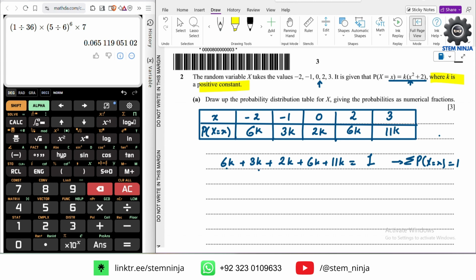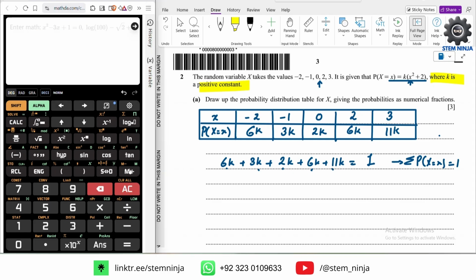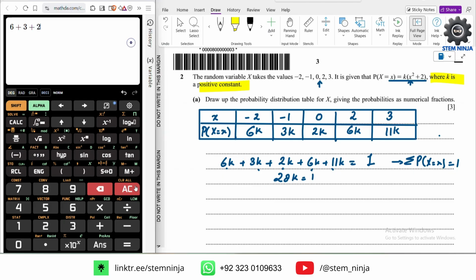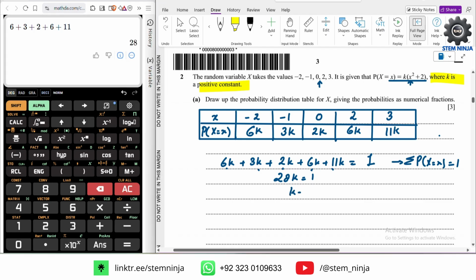So 6 plus 3, 9, 9 plus 2, 11, 11 plus 6, 17, 17 plus 11 is 28. So 28k is equal to 1. So k is 1 over 28. Just to make sure, 6 plus 3 plus 2 plus 6 plus 11, 28, yes. So k is 1 over 28.